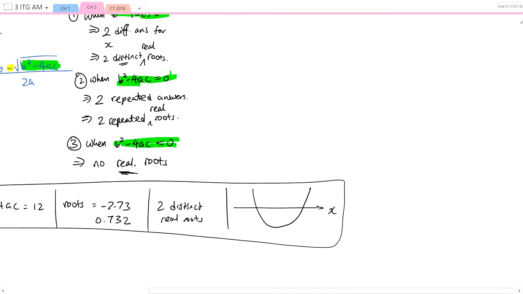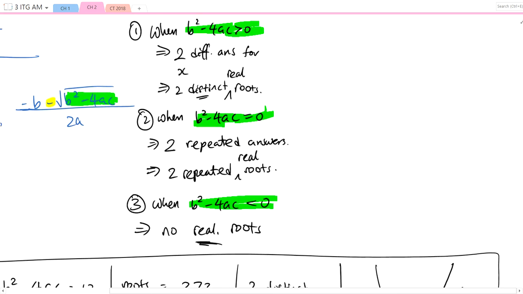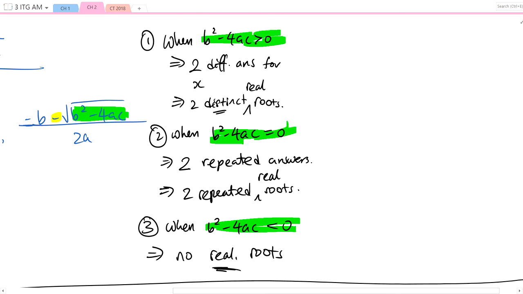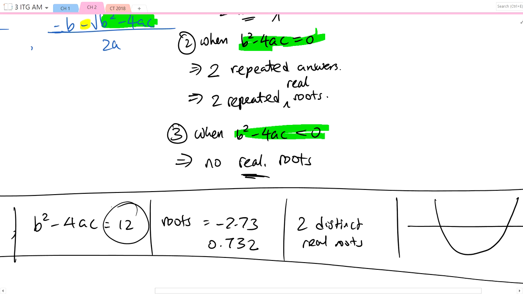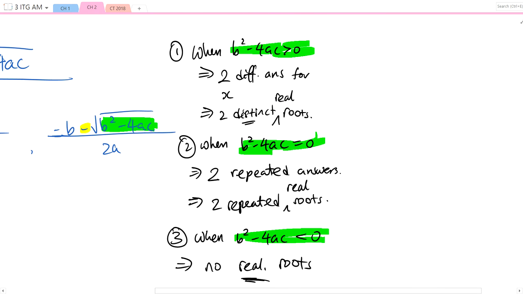We realize that b squared minus 4ac determines whether we have two real and distinct roots, two repeated real roots, or no real roots at all. This green part tells us the nature of the roots. In this case, b squared minus 4ac is greater than 0, it is positive. Therefore, we have two distinct real roots, as shown in case number 1.